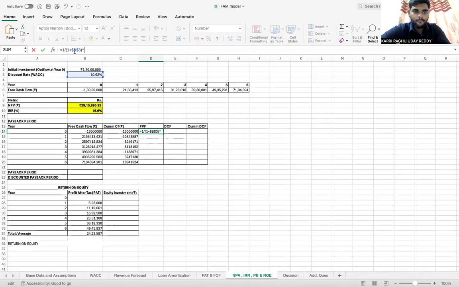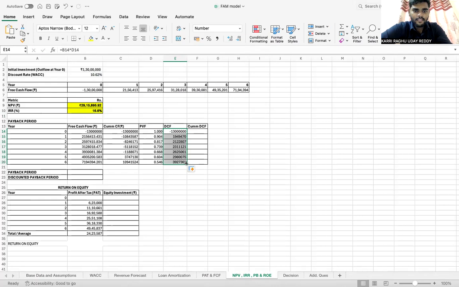Whole power n, where n means year. So 1 we are getting, and I will drag the same. So these are the present value factors. Now discounted cash flow will be free cash flow into present value factor. We're getting like this, and I'm dragging it for the rest of the years. And the discounted cumulative cash flow will be this value plus the previous value.